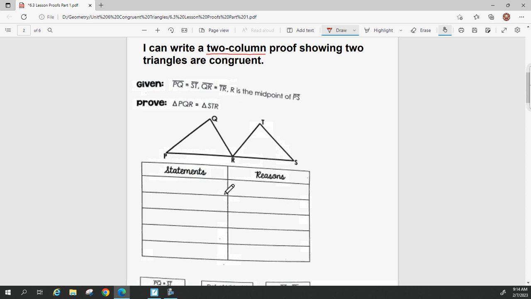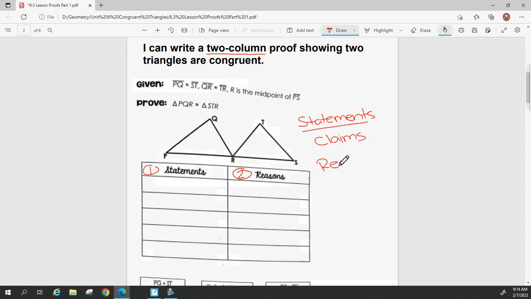They're called 2-column proofs because there are 2 columns. There's the first column, which is statements, and the second column, which are reasons. Statements are things that we are claiming are true. These are our claims.